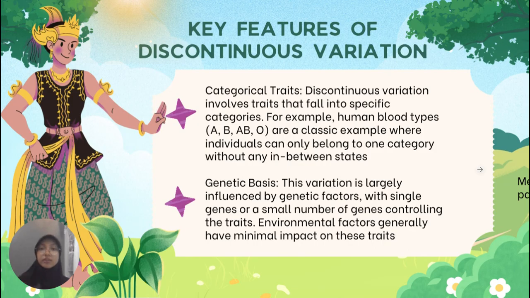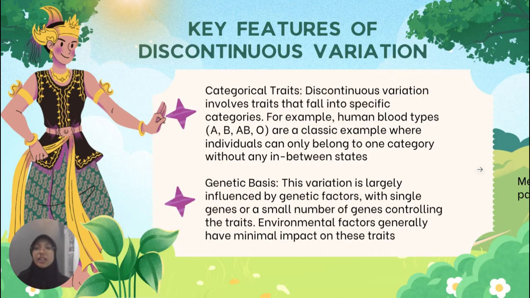Okay, next, the second is key features of discontinuous variations. I have two. The first one is categorical traits. So, discontinuous variation involves traits that fall into specific categories. For example, human blood type A, B, AB, or O is a classic example where individuals can only belong to one category without any in-between states.